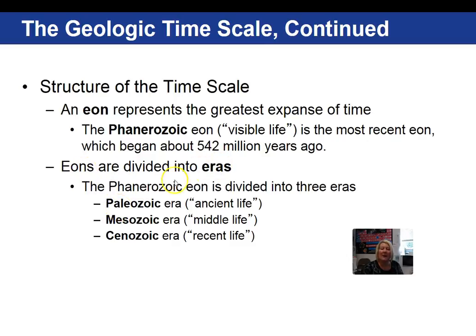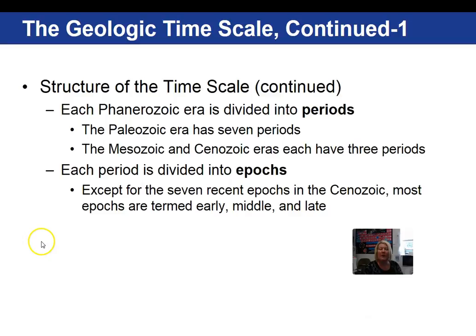Eons are divided into eras, and the three eras are the Paleozoic, Mesozoic, and Cenozoic, where Paleo is ancient, Meso means middle, and Ceno means recent. So the eras can then be divided into periods, and periods into epochs.